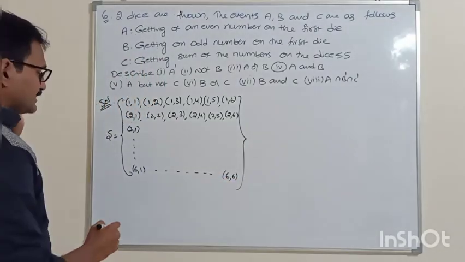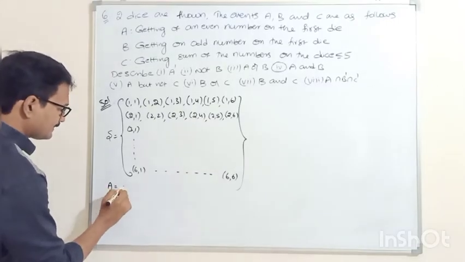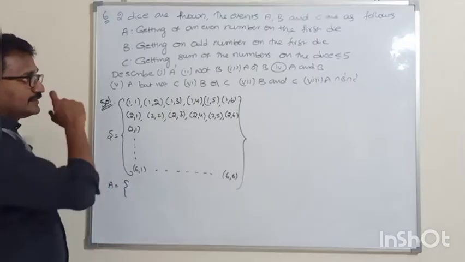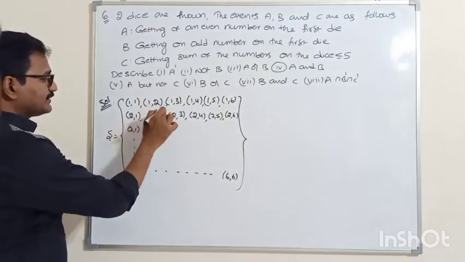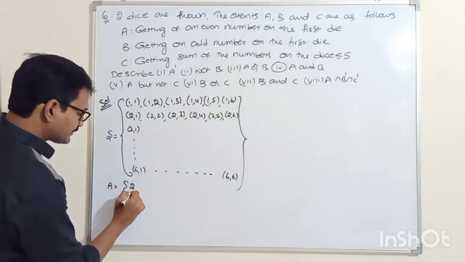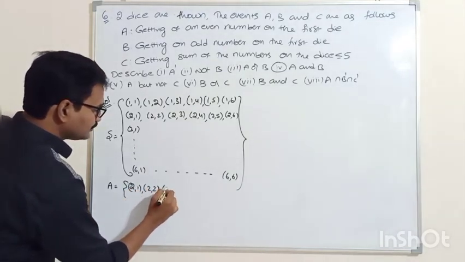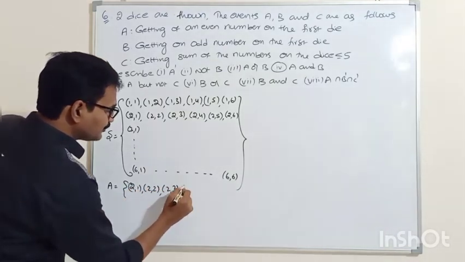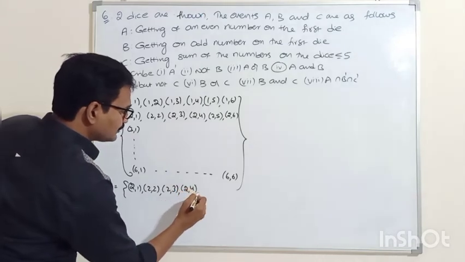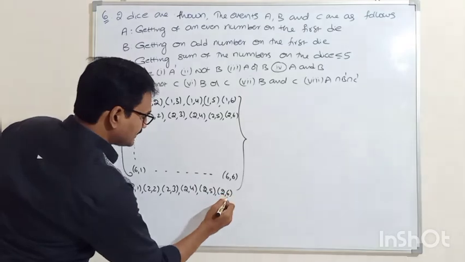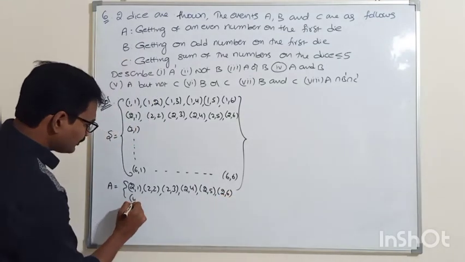So next, what is set A? Set A is getting an even number on the first die. Getting an even number on the first die means 2,1, 2,2, 2,3, 2,4, 2,5, 2,6. Next, 4,1.